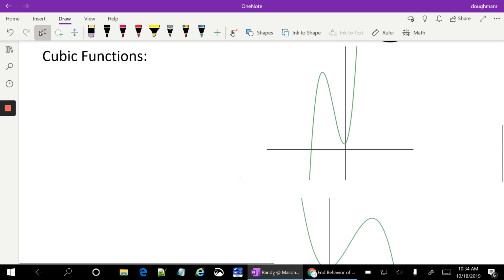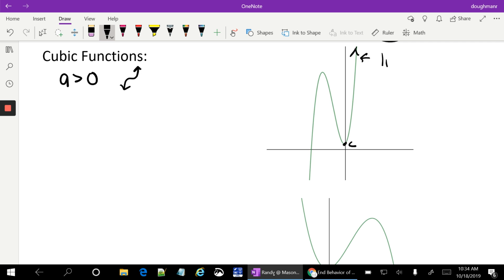So this is your basic cubic function in this case. When the leading coefficient A is greater than 0, we know the general shape of the graph is like that. All right, noting that that's C. And then let's talk about the end behavior.